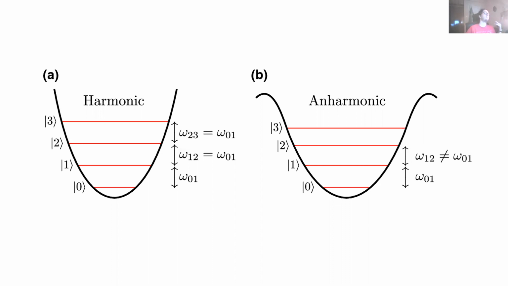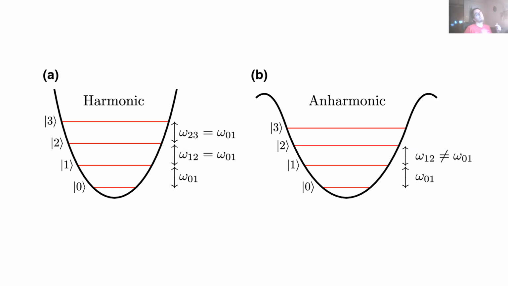The second ket is the second excited state, and so on. In a harmonic oscillator, these distances are the same, as you can see. You are increasing by omega 10, which is equal to the distance between the first and second excited states, and between the second and third excited states. All you need is the same amount of frequency increase to get to the upper level.